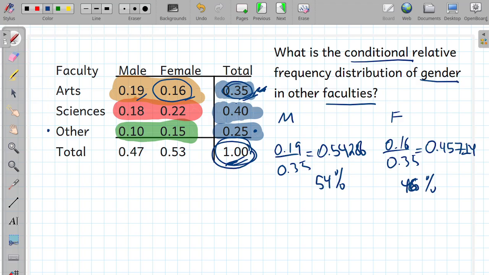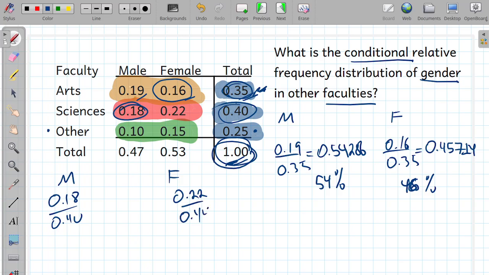Now, let's look at the sciences faculty. Again, we have males and we have females. In sciences, we have 0.18 divided by 0.4, and then over here 0.22 divided by 0.44.